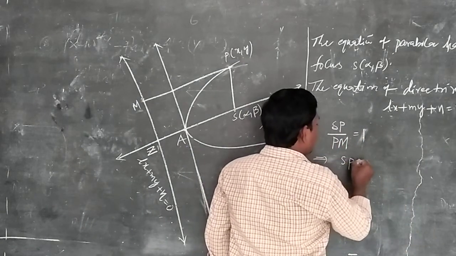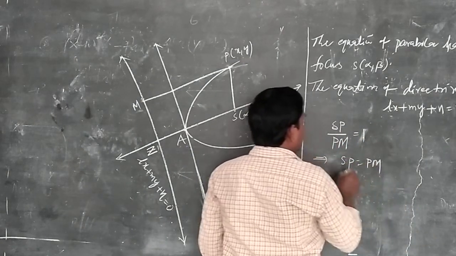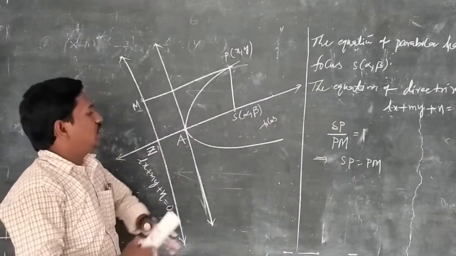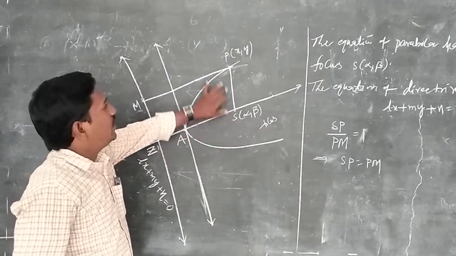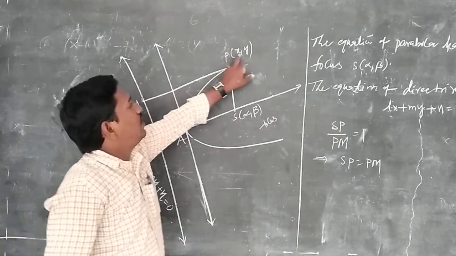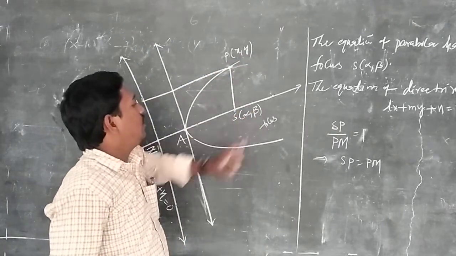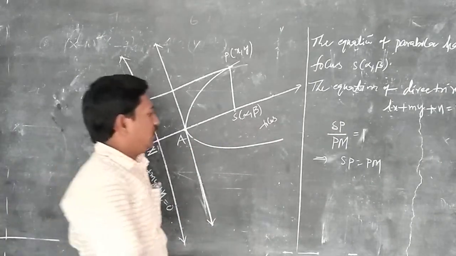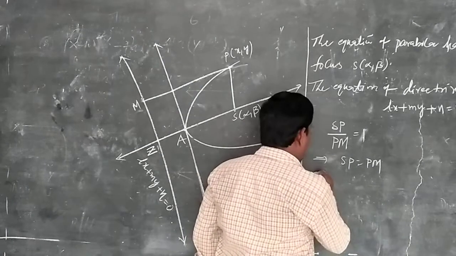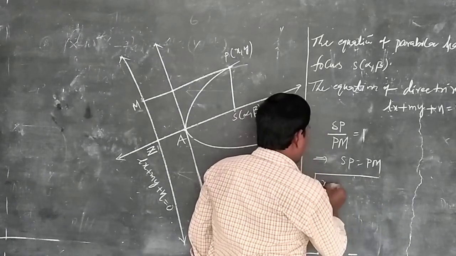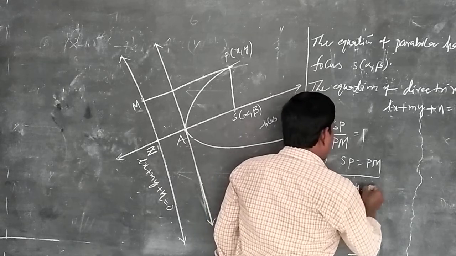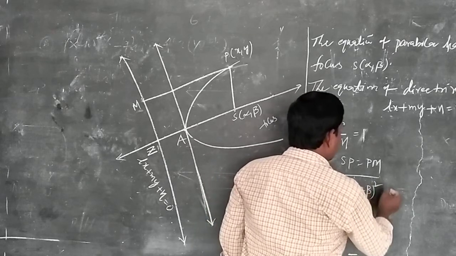Now SP equal to PM. SP means the distance between P and S, that is (x, y) and (alpha, beta). So the distance between 2 points is root of (x minus alpha) whole square plus (y minus beta) whole square.